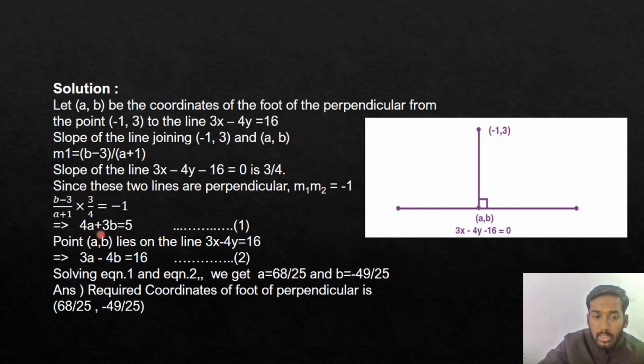So we got 4a + 3b = 5. On the other hand, since the point (a, b) lies on the line, it will definitely satisfy this equation. So we found two equations, and on solving them we got a = 68/25 and b = -49/25, which is our required answer.